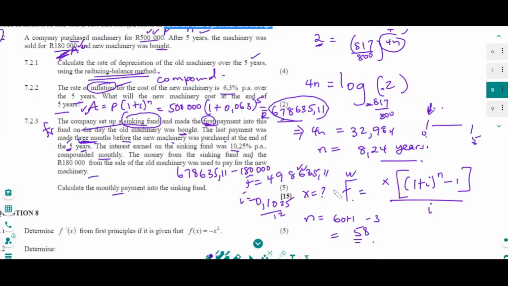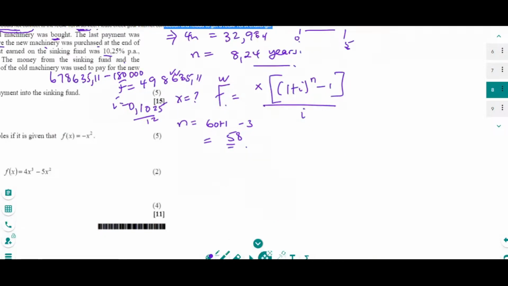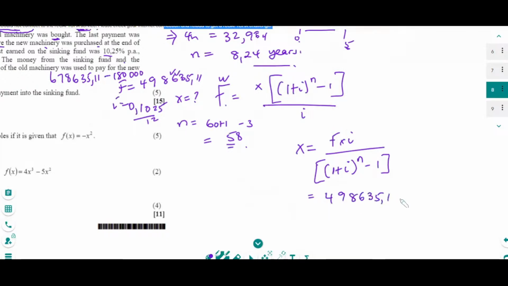And then we just substitute that into our formula. So from there, I will try to make x the subject. So x is going to be F times i, over (1 plus i) to the exponent of n minus 1. So sinking fund, we said we use the future value formula. So our F, future value, we said it's 498,635.11 times the interest rate, we said it's 0.1025 divided by 12.